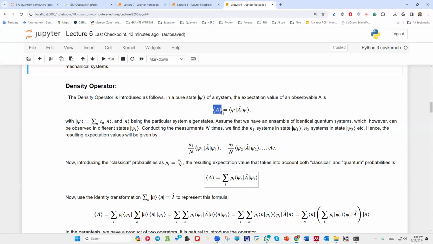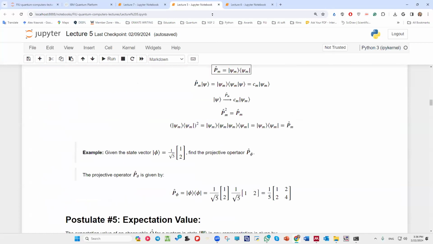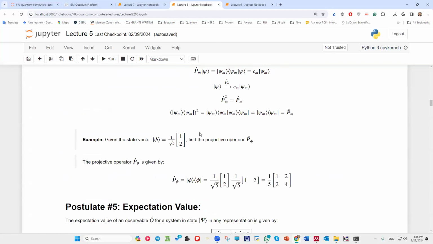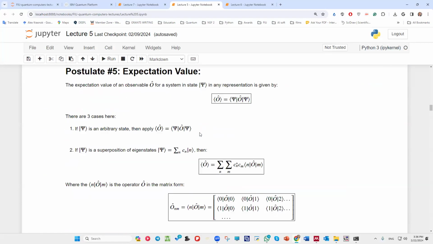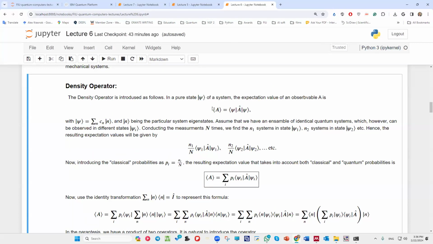Okay, and we have to start with the definition for the observable of an operator A. In lecture number 5, we discussed these observables in postulate number 5. So this formula is from postulate number 5 of the previous lecture. This formula works for any case, for any system.